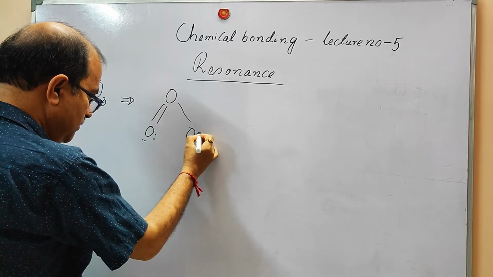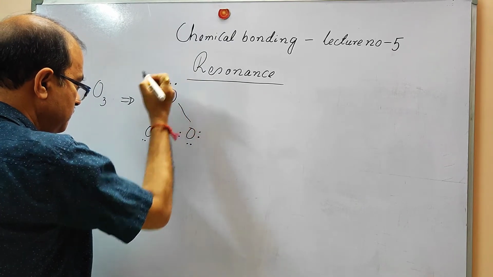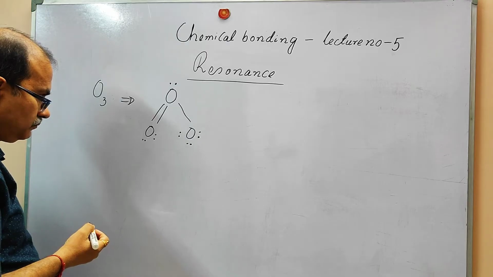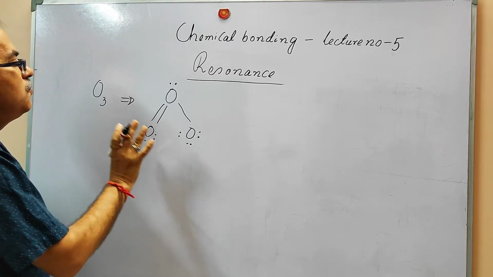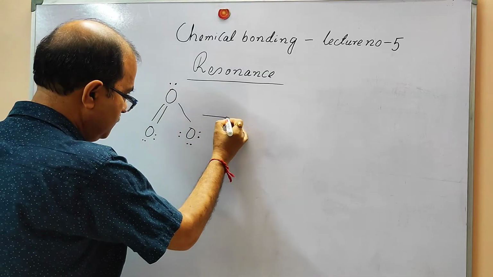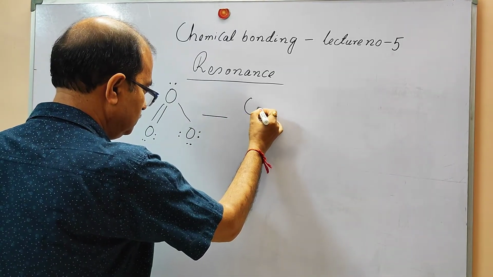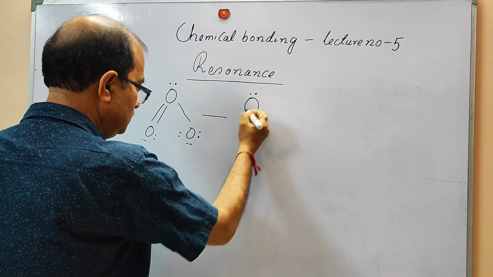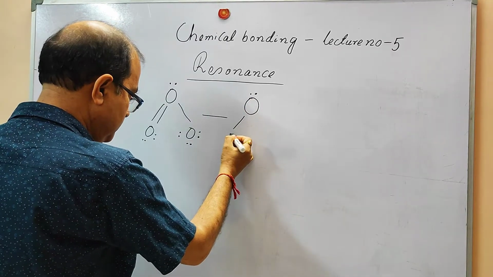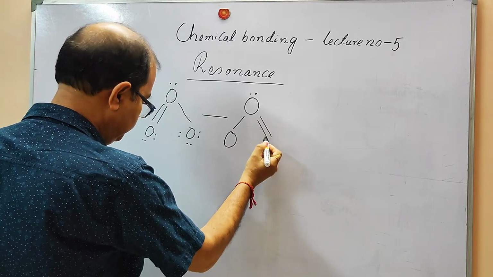You have to satisfy the octet. This is the Lewis structure of the O3 molecule. And another structure you can have, we are just changing the position of the double bond.